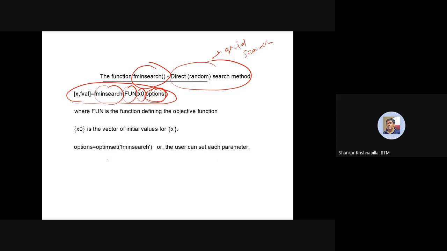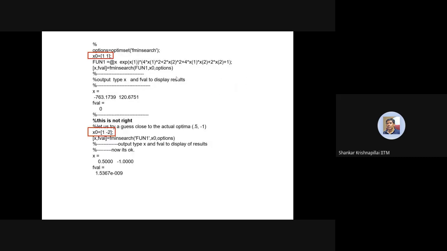Let us repeat the previous objective function with this fminsearch, which is based on the grid search method. The previous method was based on the modified Newton's method. The same example is done with the random search. Options are set here. First we try x0 equal to 1, 1, and you define the objective function, and call it to get x and the function value.